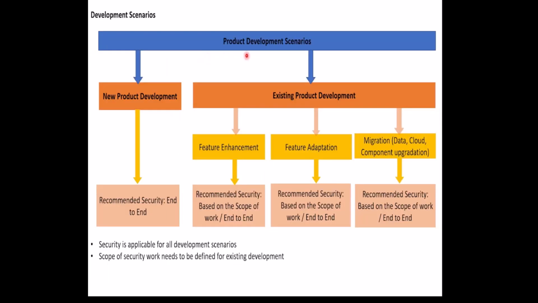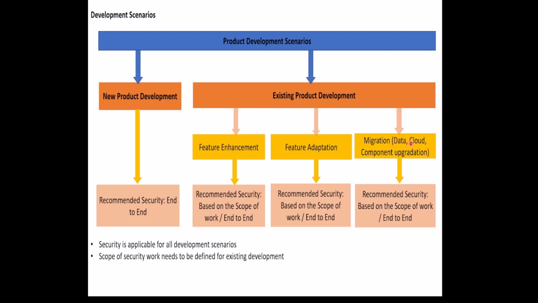In the product development scenarios, there are two categories majorly. One is new product development, another one is existing product development. When we want to execute the security activities for new product development, it is recommended to execute end-to-end security. Suppose if we go to the existing product development lifecycle, again we need to understand whether this is feature enhancement or feature adaptation or migration.